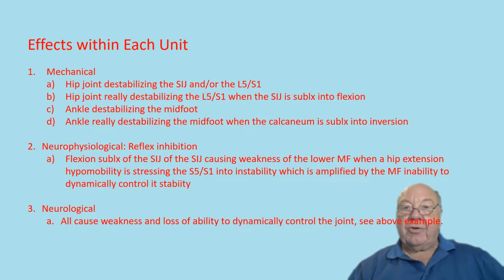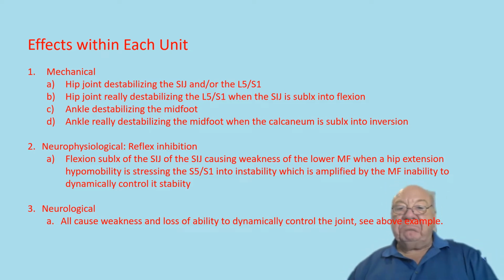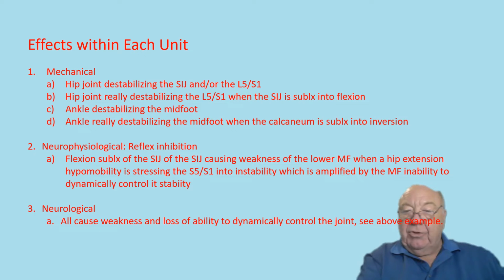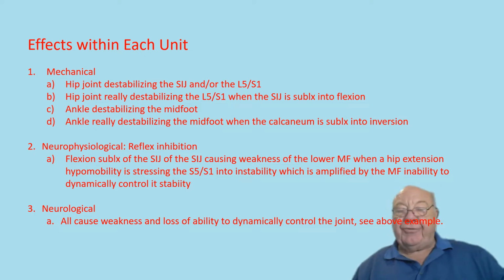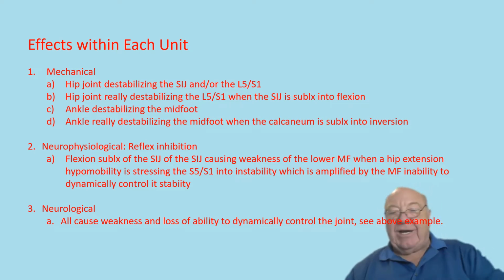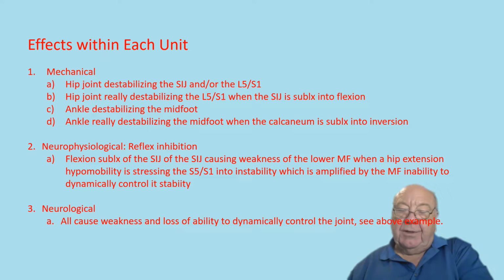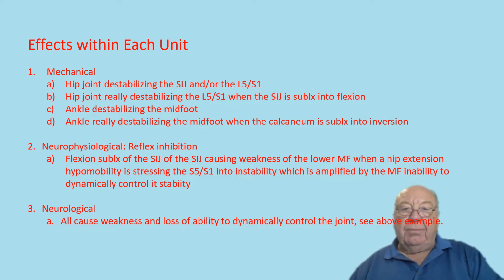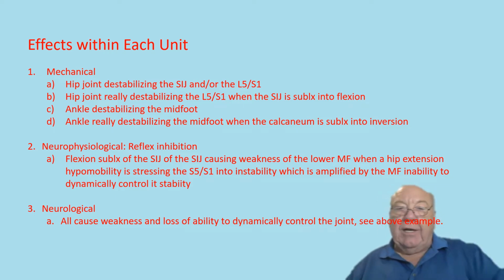Okay, so let's have a look at some examples within each unit. Mechanical, straightforward force on bone. The joint can't move, so it can't take its place in compensating for another dysfunction, or it directly stresses out a joint nearby. So examples of this would be the hip joint destabilizing the SI joint and or L5S1.